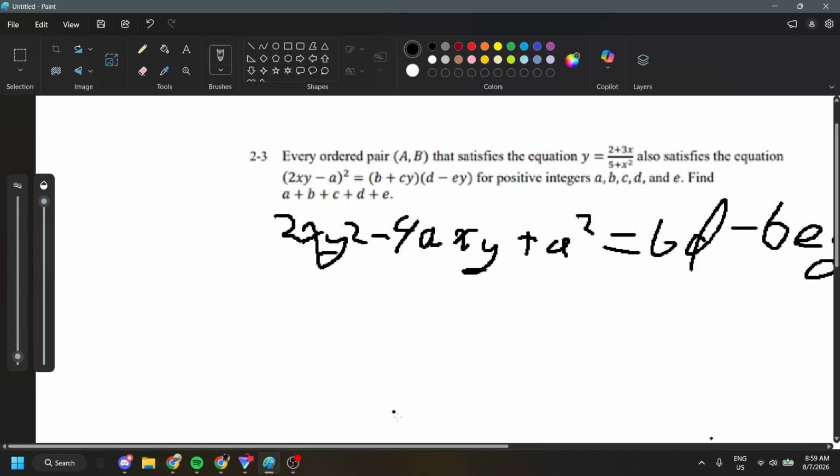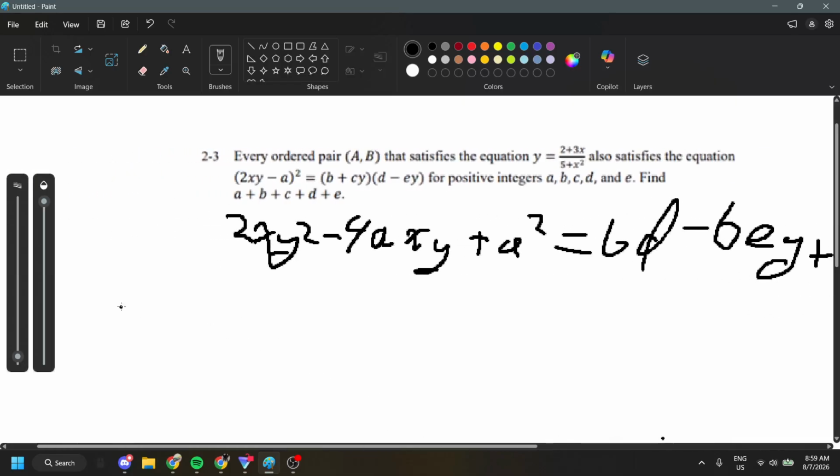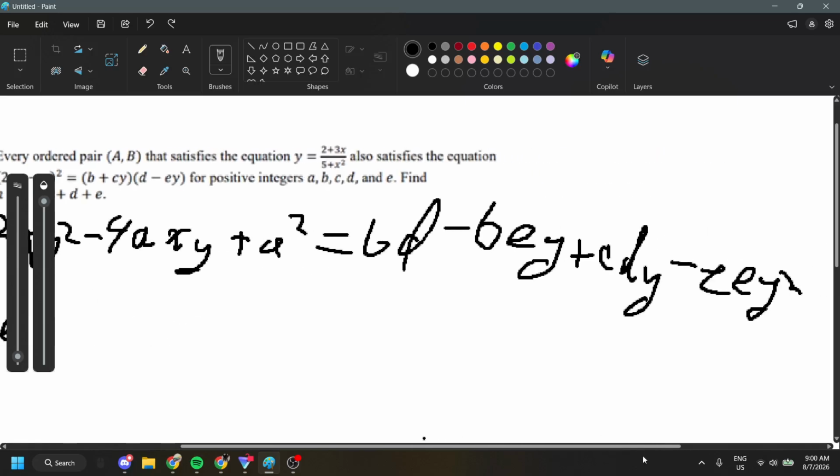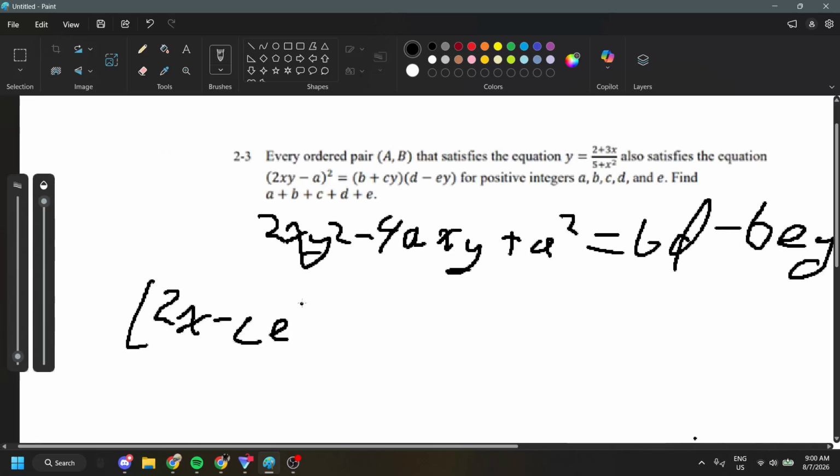So in front of y squared we have 2x minus ce, times y squared.